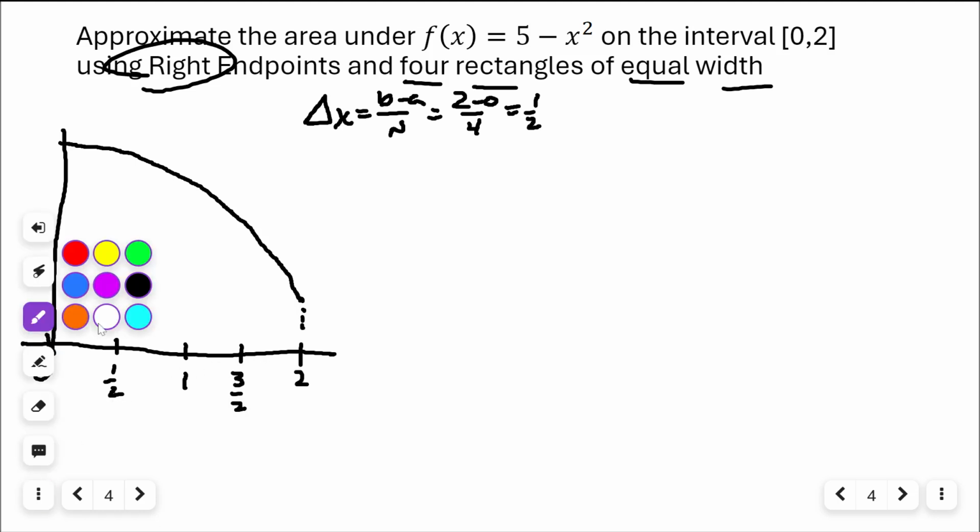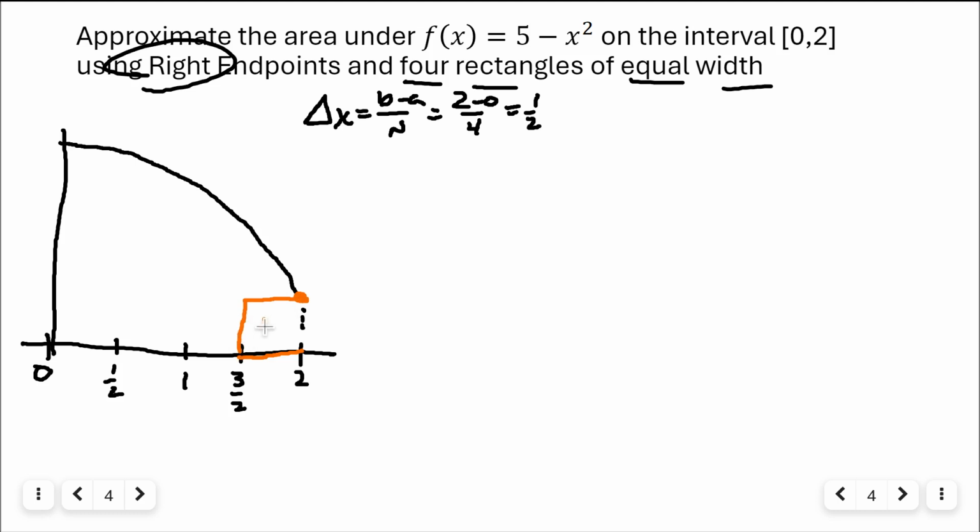Okay, we are going to work from the right. That means we're starting from the far right point. So here's my base here. And then I'm going to go up to f of 2, up to the curve, draw across, and down. That's rectangle number 1. And then I'm going to go over to 3/2.